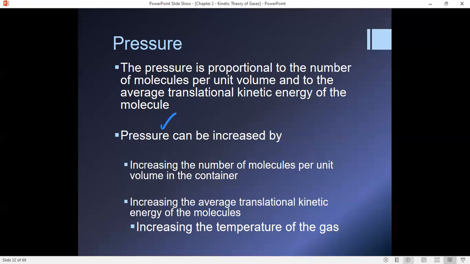But I can also increase the pressure by increasing the temperature, because temperature reflects the average kinetic energy of all the molecules. If I'm speeding them up, not only are they going faster, so they hit the wall more often, but when they hit the wall, they hit with a greater force. And again, pressure is force divided by area. So we can increase the pressure by increasing the number of moles or molecules. We can increase the pressure by increasing the temperature. We saw that really happen in both of the former laws that we went over.